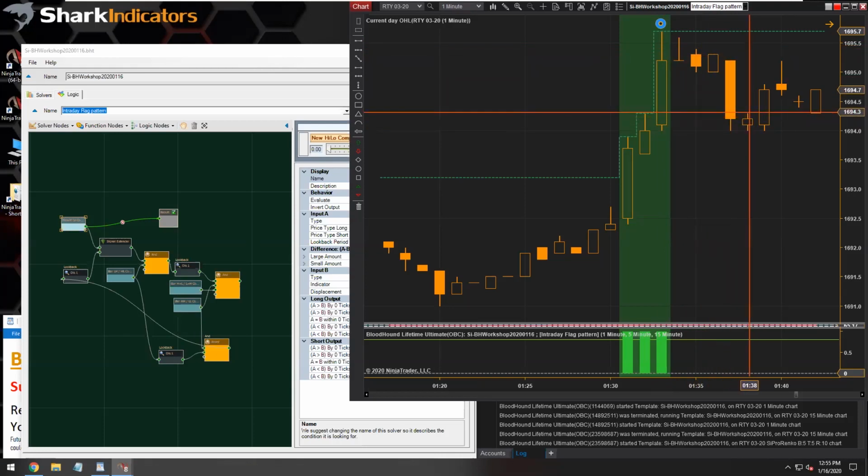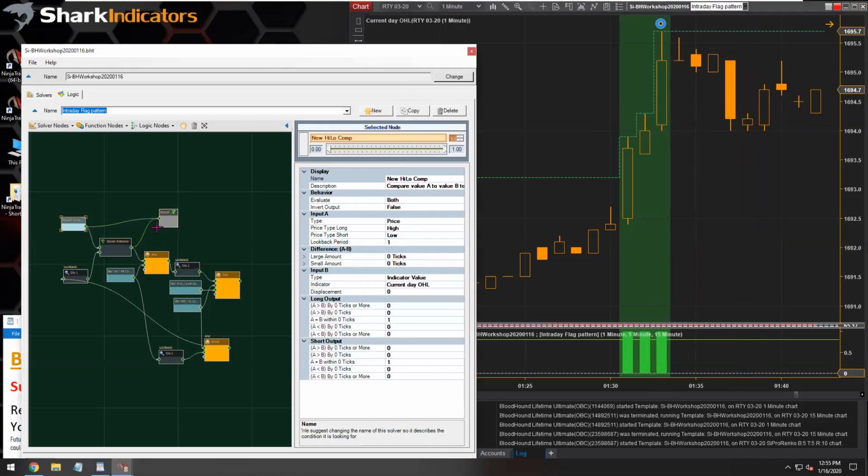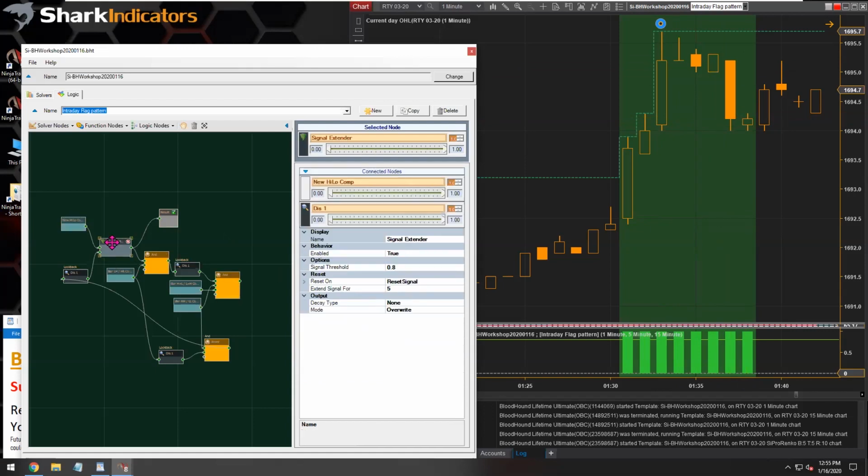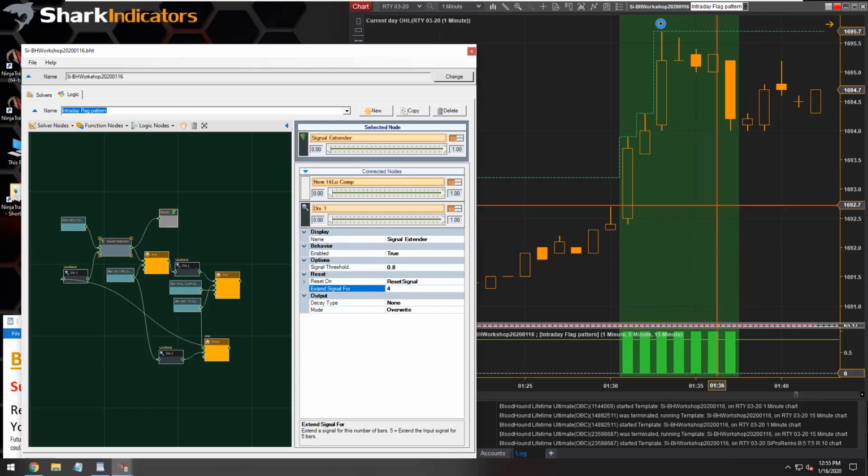So this little short bar down here is the 5th bar past it. And if we look at the signal extender, 1, 2, 3, 4, 5. So I just need to reduce the signal extender to 4 bars. There we go.